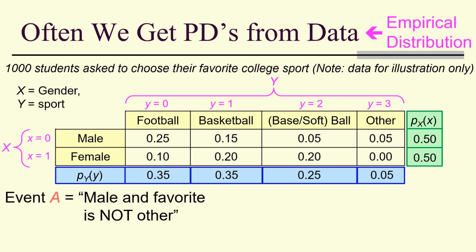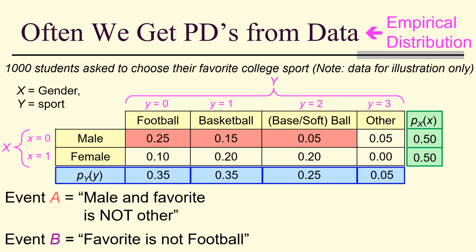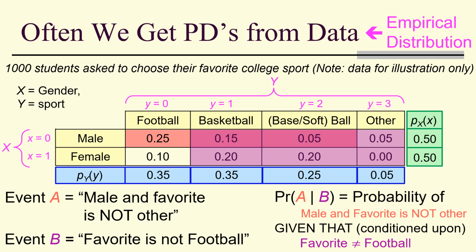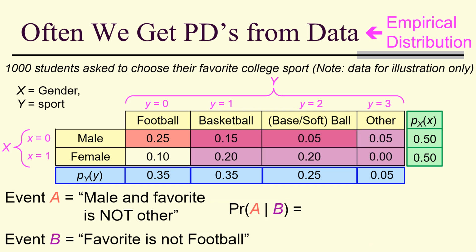Now, what about the event A that male and favorite is not other? Well, that's that event up there. Male and favorite, not other. That's the football, basketball, baseball, or softball. Suppose event B is favorite is not football. Well, that's everything except football. So the probability of A given B is the probability of male and favorite is not other, conditioned upon favorite not being football.